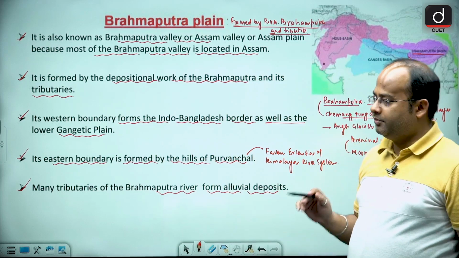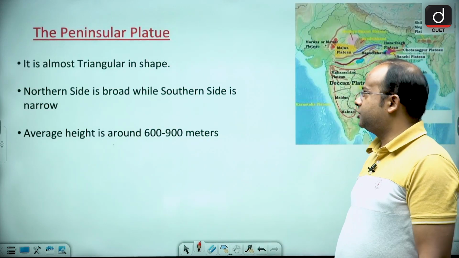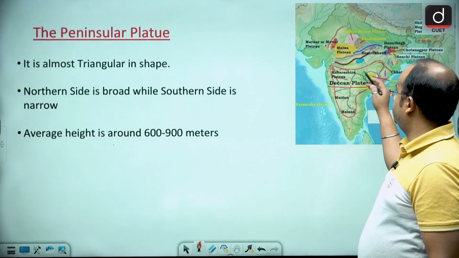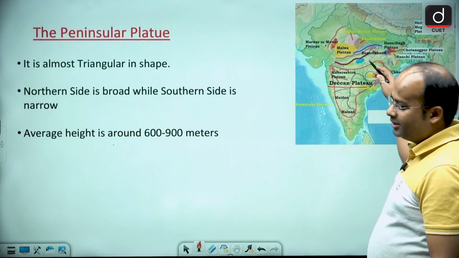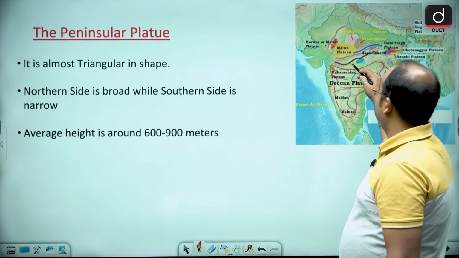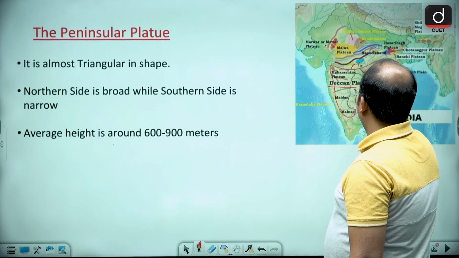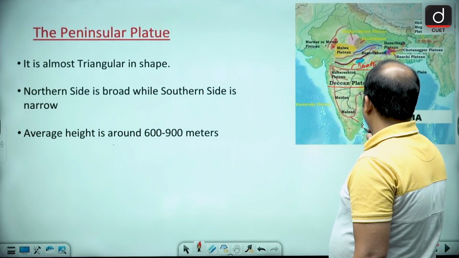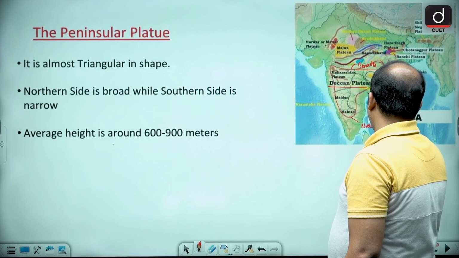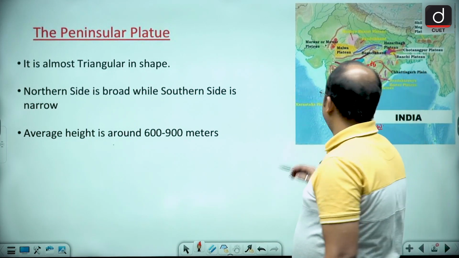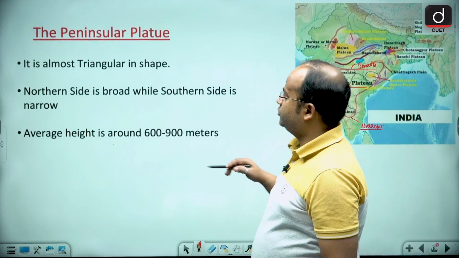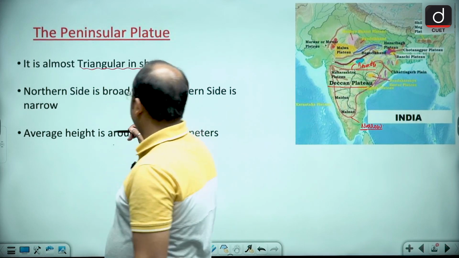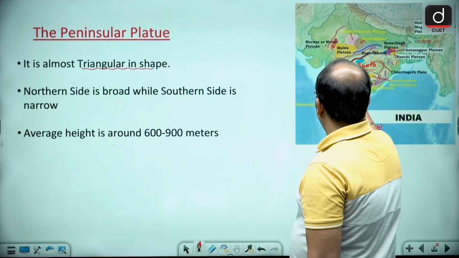Now guys, let's come to the next thing, that is about the peninsular plateau. You can see the Deccan plateau is in the peninsular plateau. It is broader on the northern side and narrow on the southern side, so it is almost triangular in shape.